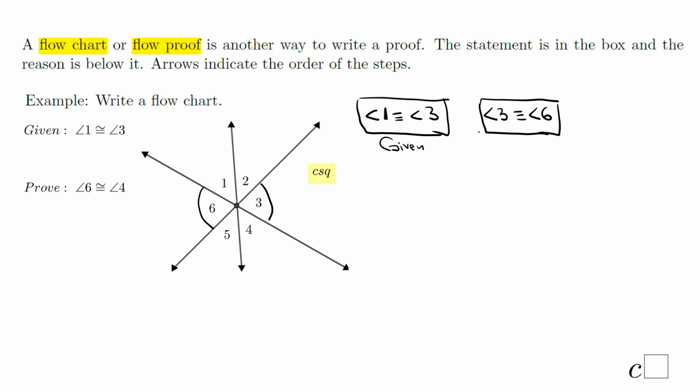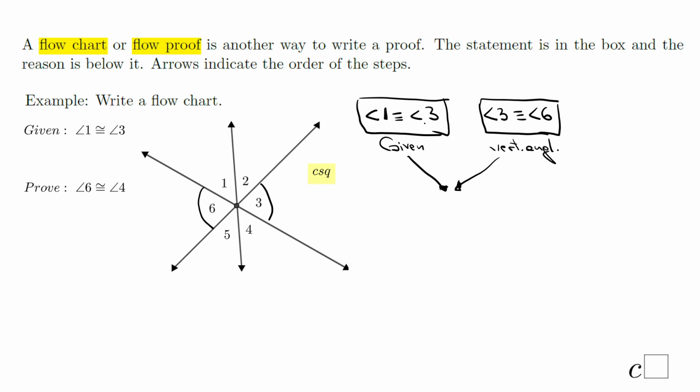And what is the reason for these two angles to be congruent? If you remember, vertical angles are congruent. Now, there is no relationship between these two statements, so I'm not going to put any arrows. These two statements are independent. They have no connection. However, these two statements together will give us the next thing, right?